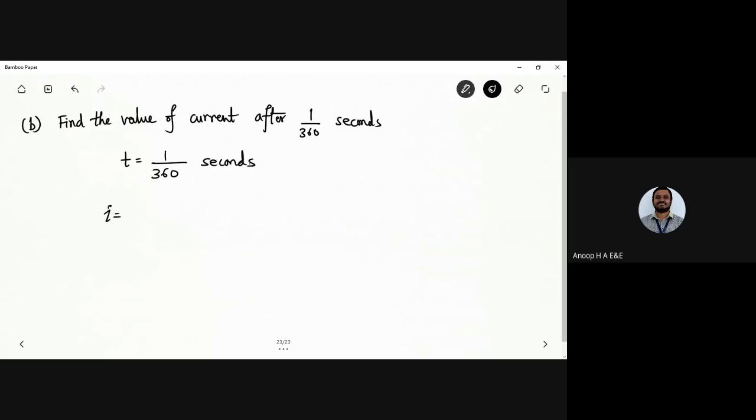So I need to find the instantaneous value, that is i is equal to Im, where Im is 12 amperes, sine omega t, that is 120 into pi into 1 divided by 360.